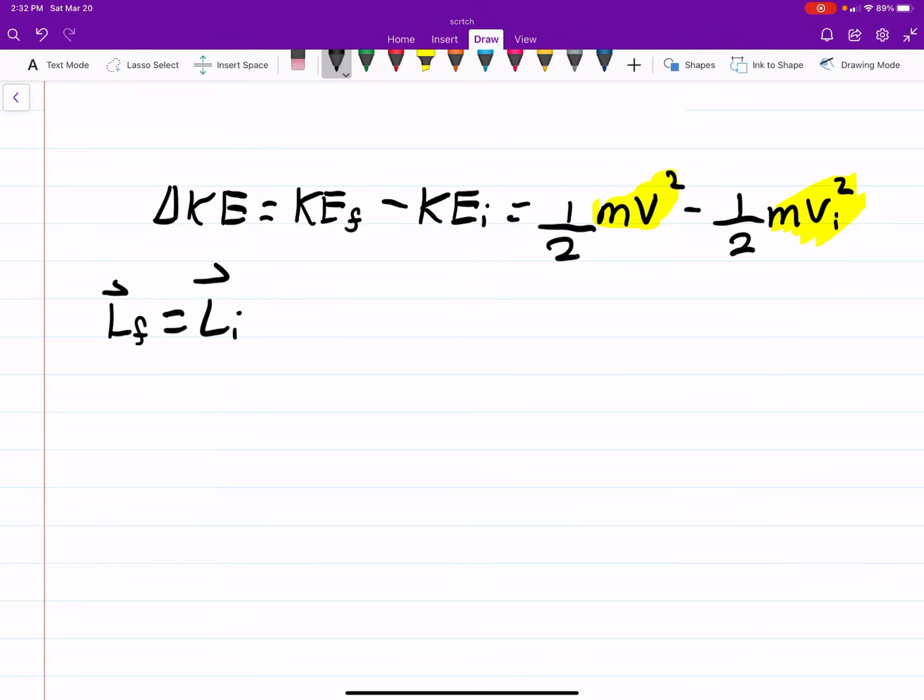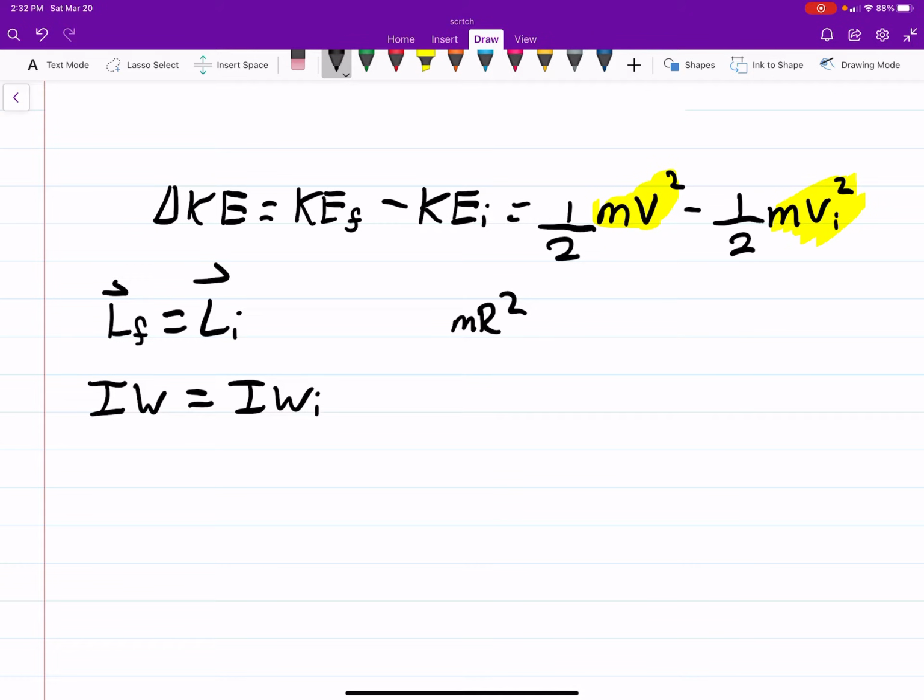So this is going to be equal to I omega, which is equal to I omega initial. And like I said, for the point mass, the moment of inertia is m times r squared.